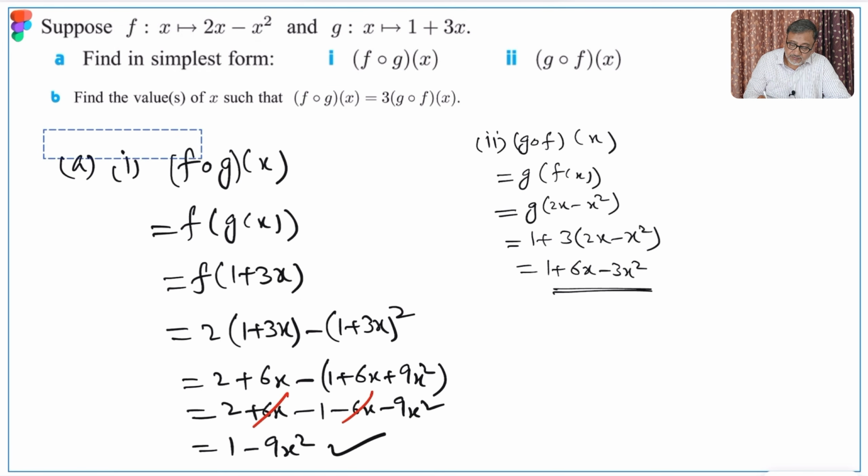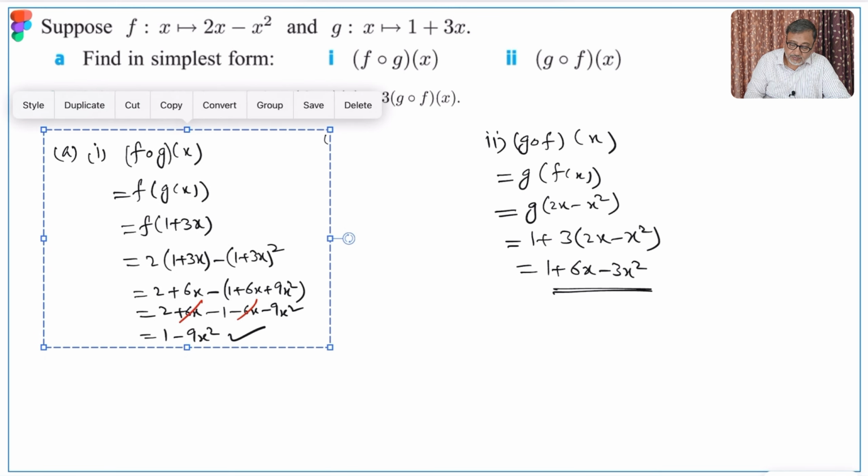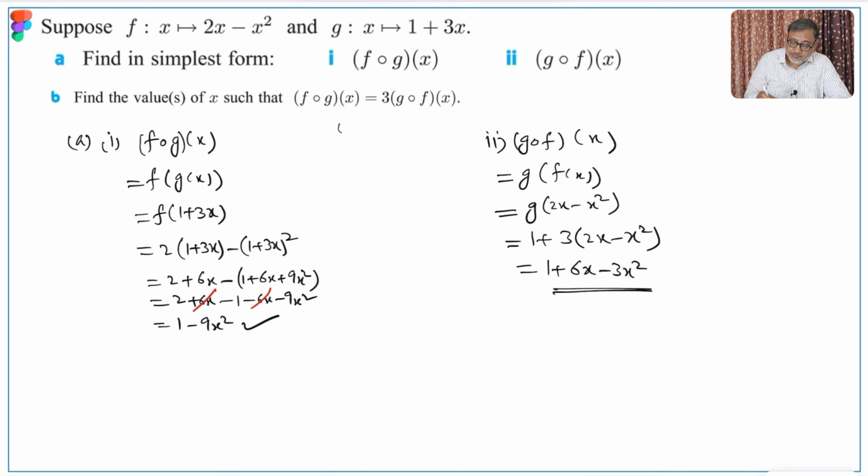This part also I will make smaller. Sorry for that. Now here down I am going to write B part. B part says f of g of x. F of g of x is this.